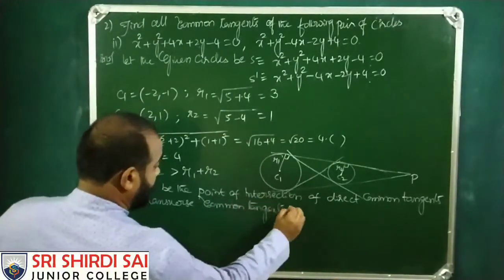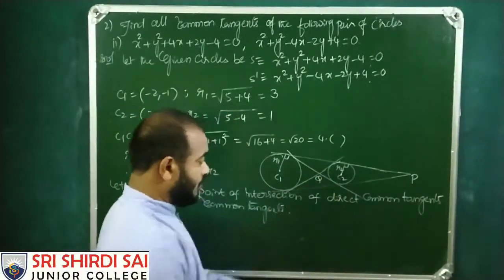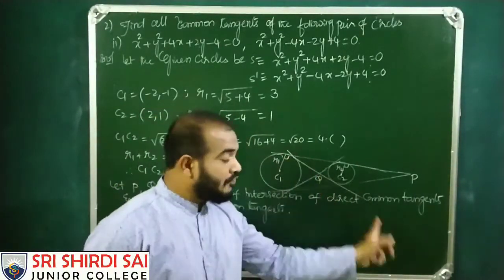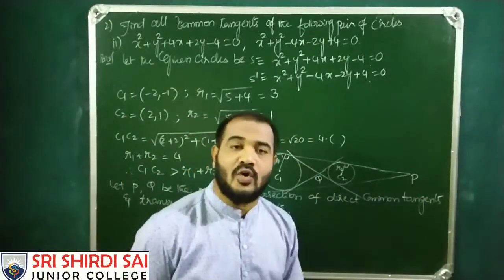So then this is Q. So Q is the point of intersection of two transverse common tangents. P is the point of intersection of two direct common tangents.